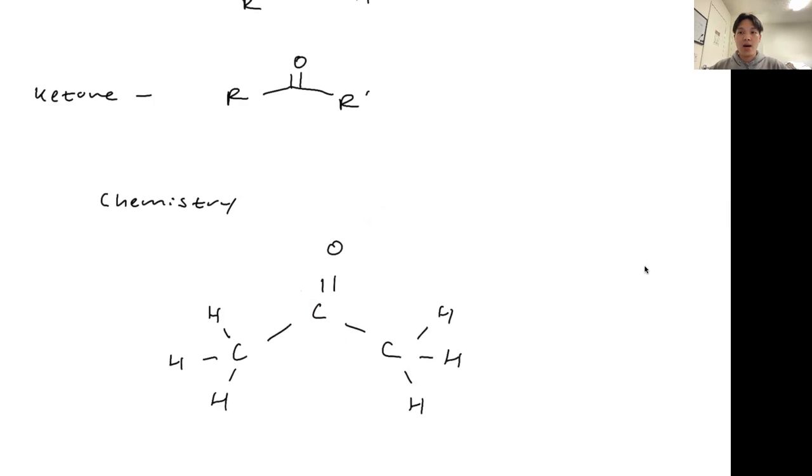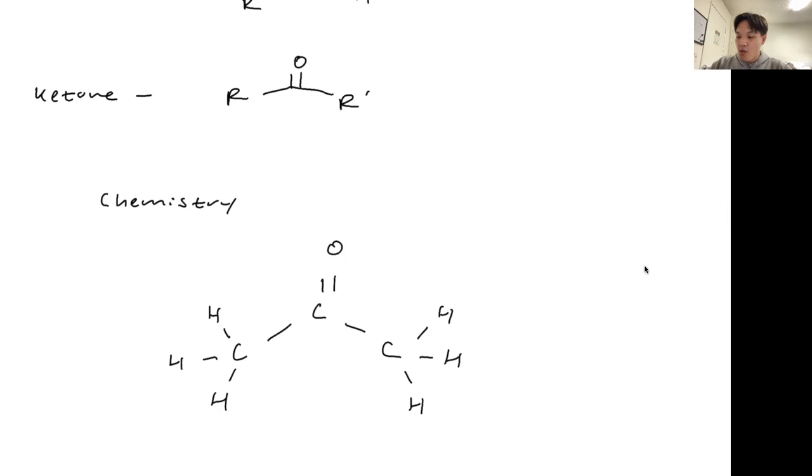But these electrons are not evenly shared between this carbon and this oxygen. If you look at the periodic table, oxygen is a bit more electronegative than carbon, which means it's going to pull on the double bond a little bit more than the carbon does.